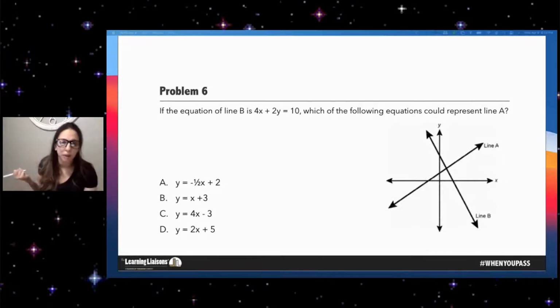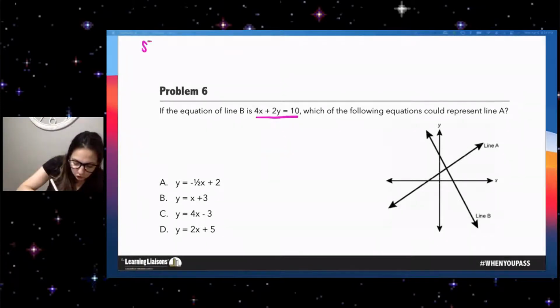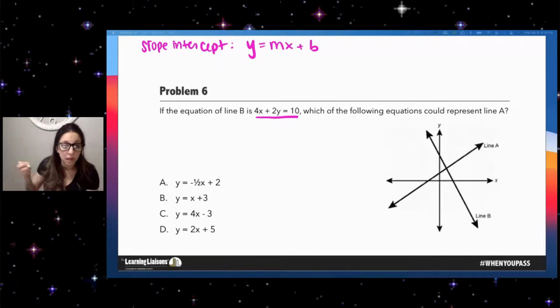Let's first talk about equations of lines. The equation of a line here is in standard form, but there are 2 other forms for the equation of a line. We can use slope-intercept form, which is y equals mx plus b, which is what most people are familiar with.